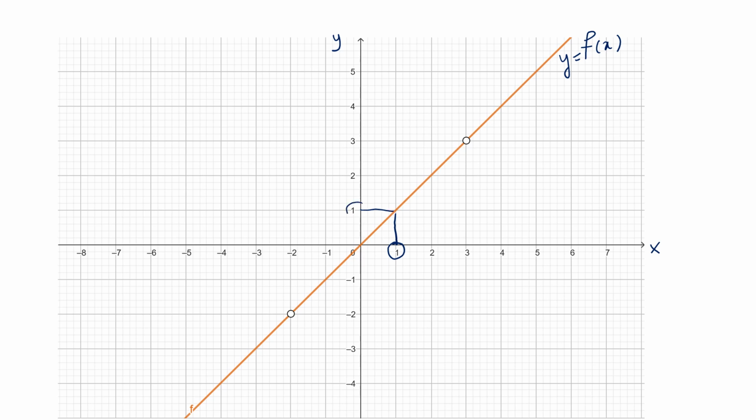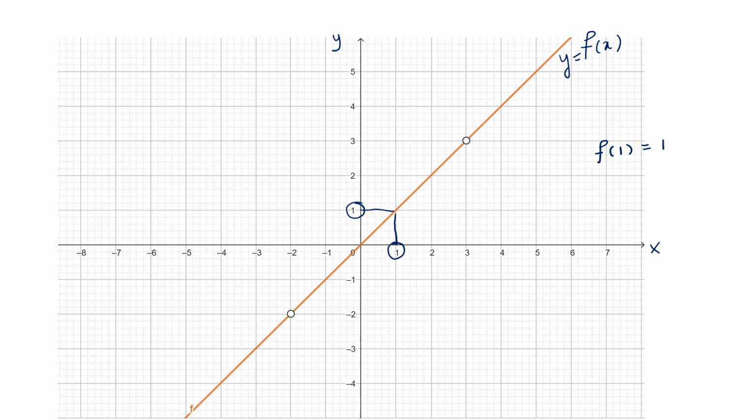So this is our f of x value when x equal to 1. If x equal to 1, f of x is also equal to 1. Otherwise we can say f of 1 equals 1.